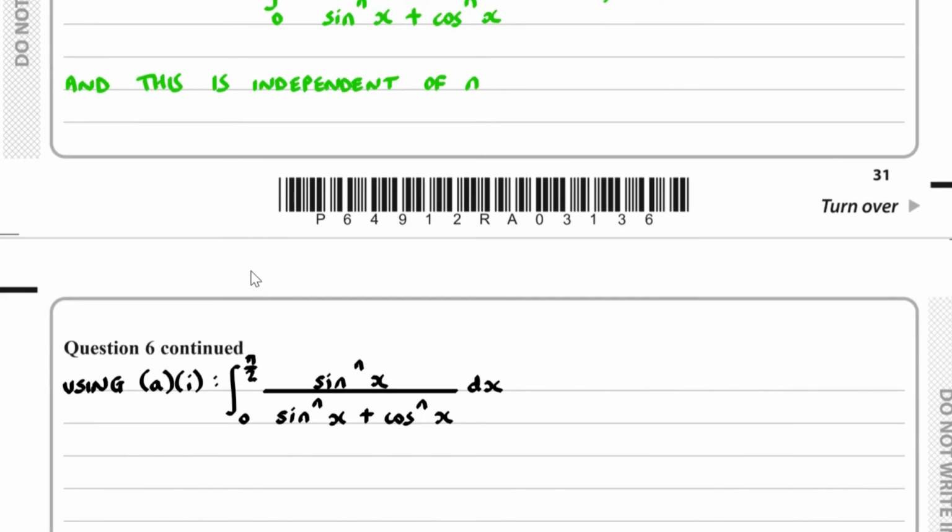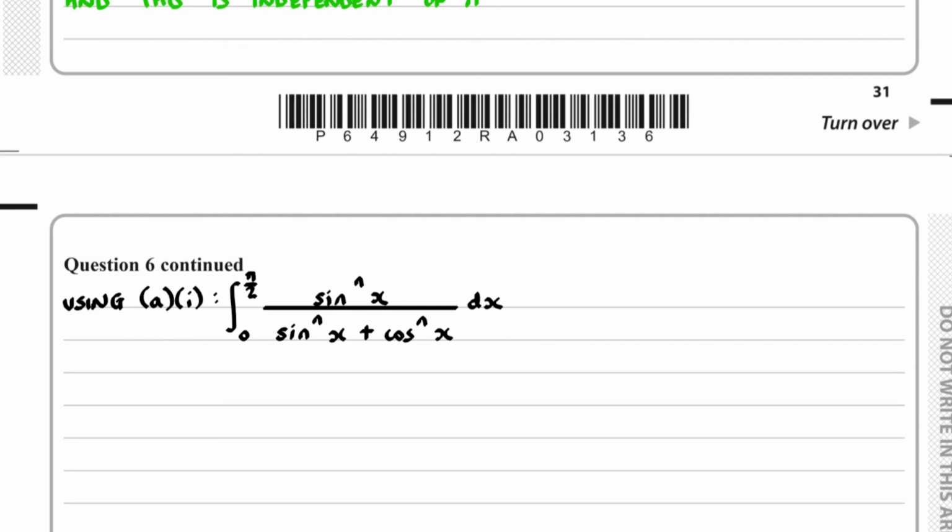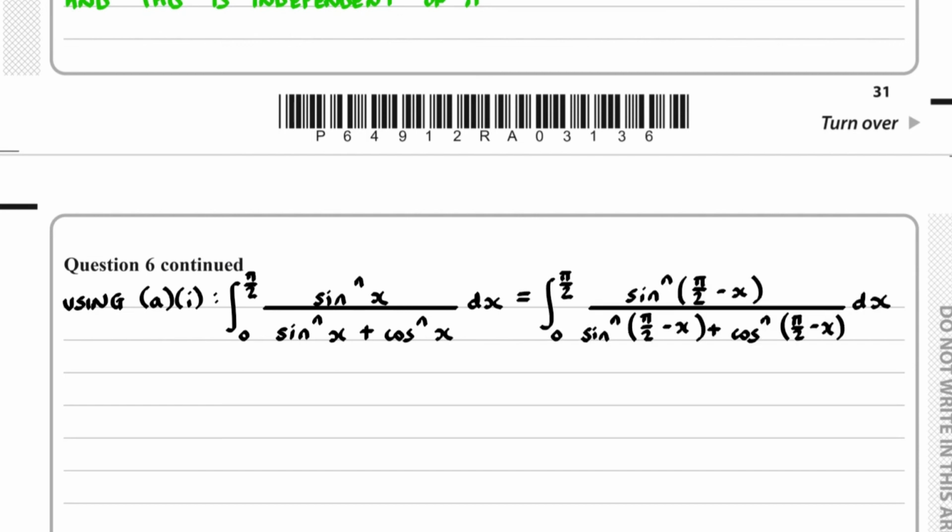And so doing so, we've got the integral shown here. X has been replaced with pi over 2 minus x. So we've got the integral of sine of pi over 2 minus x to the n over sine of pi over 2 minus x to the n plus cos of pi over 2 minus x to the n with respect to x. I'm integrating from 0 to pi over 2.